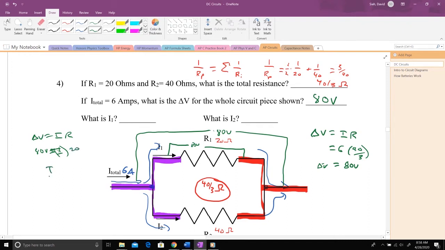So the current in that top branch, I1, is 4 amps. That's what flows through that side.